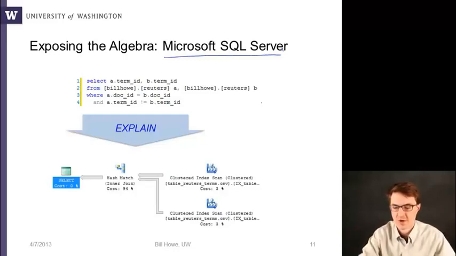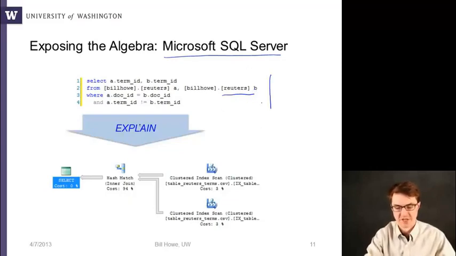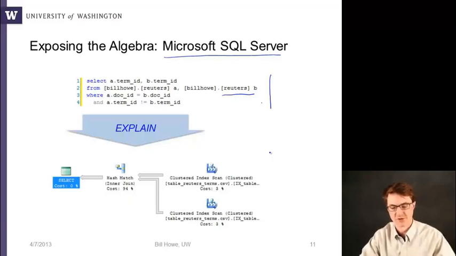Okay, so if you take a query, and here I've changed the query, I've changed the schema yet again. This Reuters table is one you'll be working with in the homework. I've written a query here, and I've explained it. And what SQL Management Studio gives back to me is a little algebraic tree, kind of like the ones I've been drawing here, just in PowerPoint.